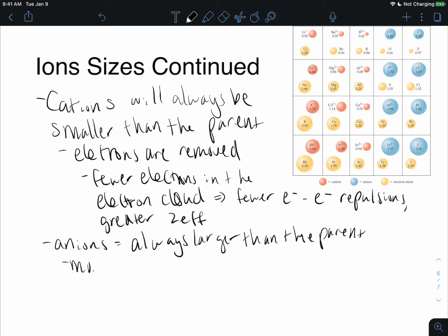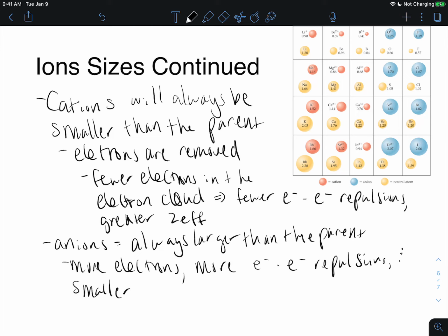More electrons, more electron repulsions, and smaller effective nuclear charge, because now we have more electrons in between our outer electrons and our nucleus, which leads to greater screening and a smaller effective nuclear charge.